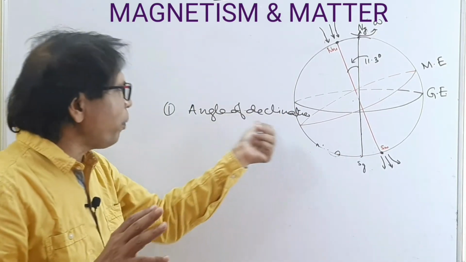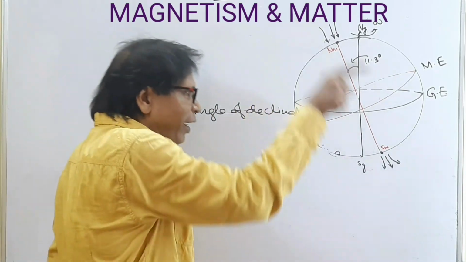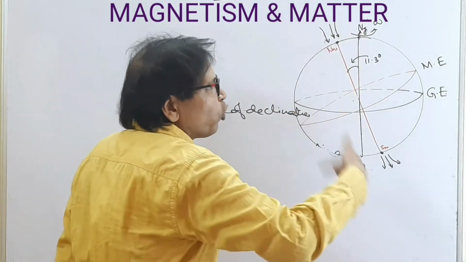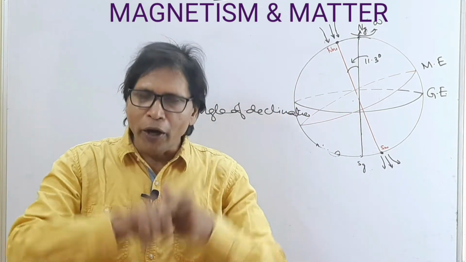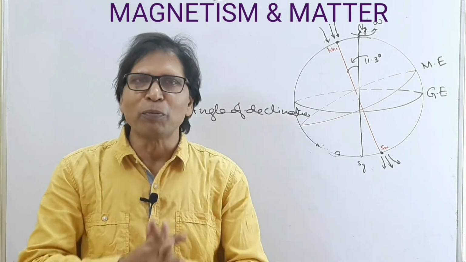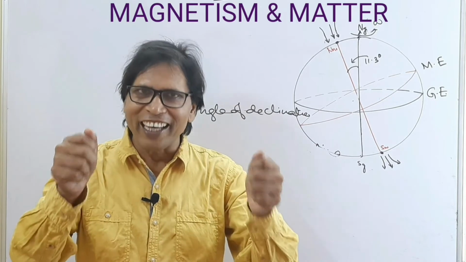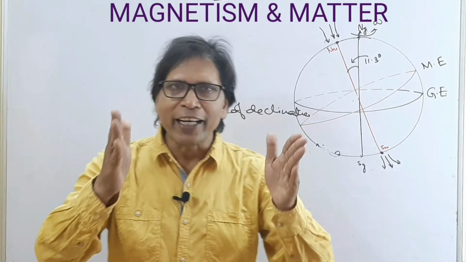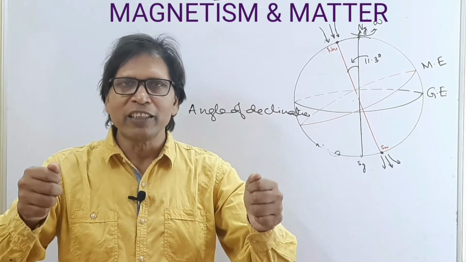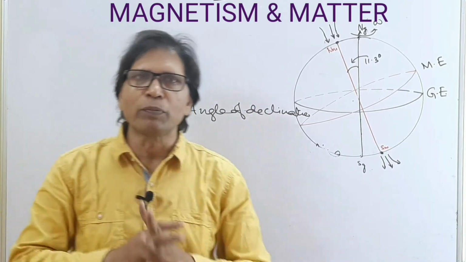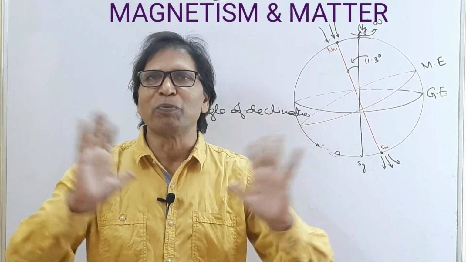Now the angle of declination is the angle between the magnetic meridian and the geographic meridian. If the magnetic North Pole is west of geographic North Pole, then its declination is called theta degree west. The angle of declination of London is 10 degrees west. It means the magnetic North Pole is 10 degrees west of geographic North Pole.